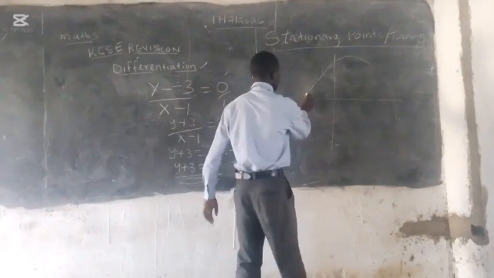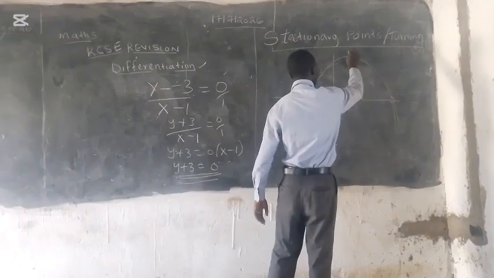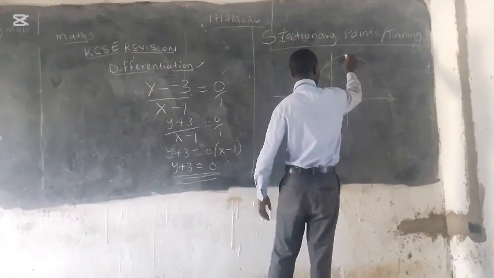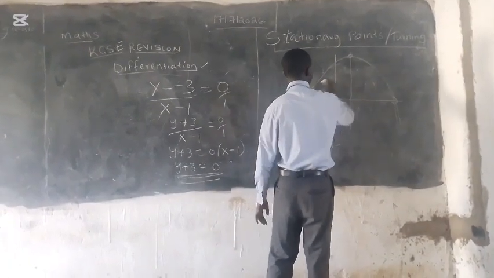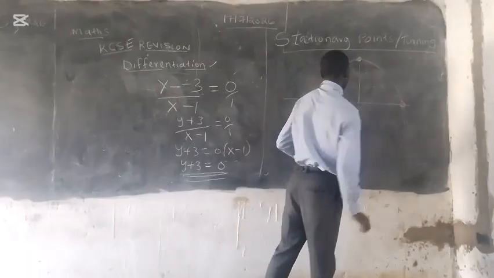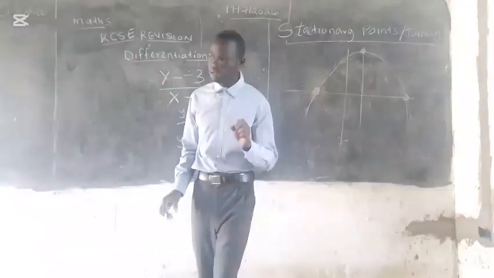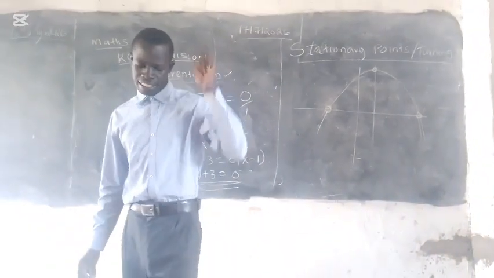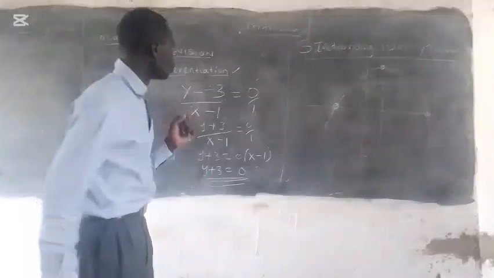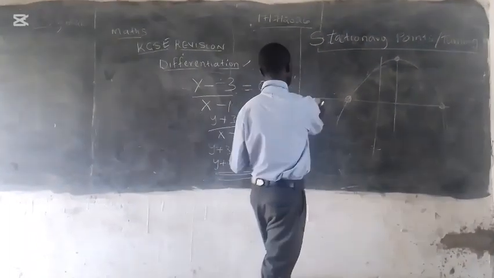So at this point, and at this point, where we have the turning stationary point, the gradient of that point is normally 0. So very important point to note, students. Very crucial point to note.